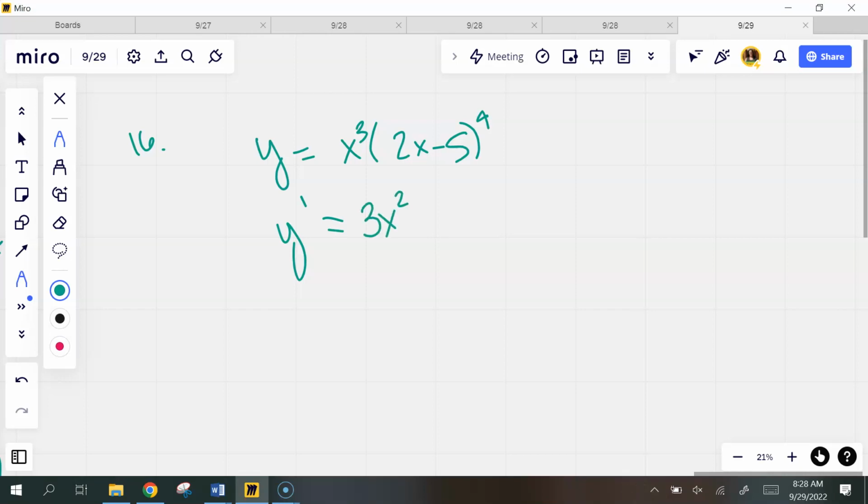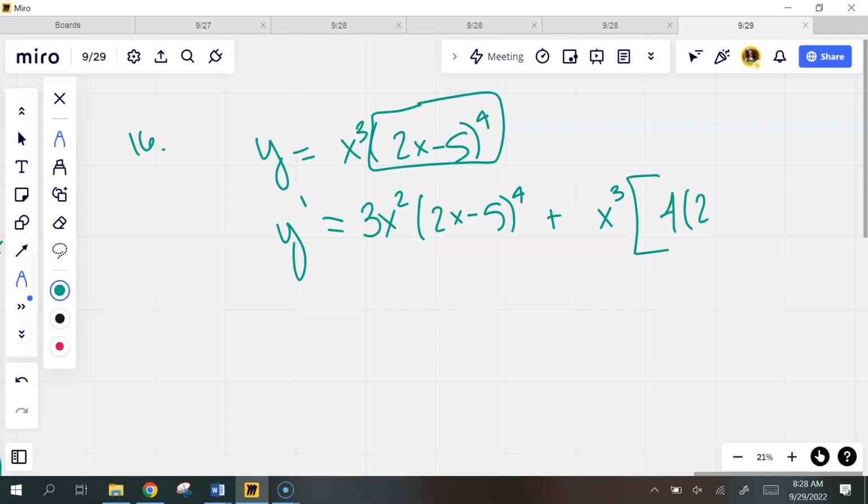times the second plus the first. Now here's where it's going to get a little bit harder. I got to do the derivative of all of this. So I'm going to do power rule first, because that's the furthest outside, 4 times (2x minus 5) cubed.